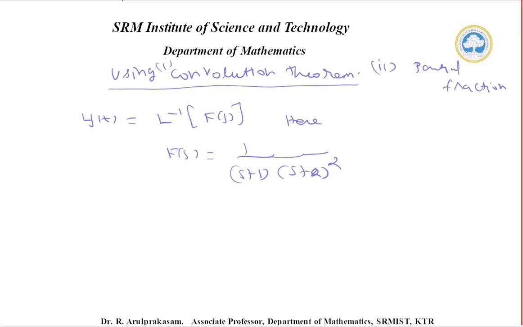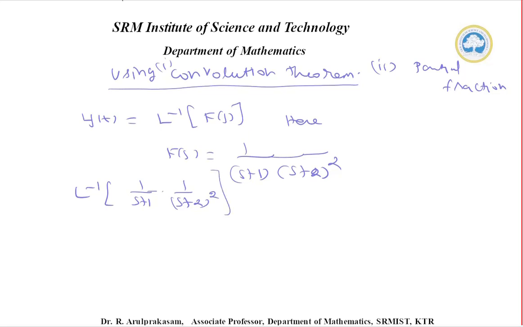So what is the partial fraction? A divided by s plus 1, plus b divided by s plus 2, plus c divided by (s plus 2) whole square, like this. Otherwise, with the convolution theorem method, we have to split into two functions. So here I can take L inverse of 1 divided by s plus 1, into 1 divided by (s plus 2) whole square.